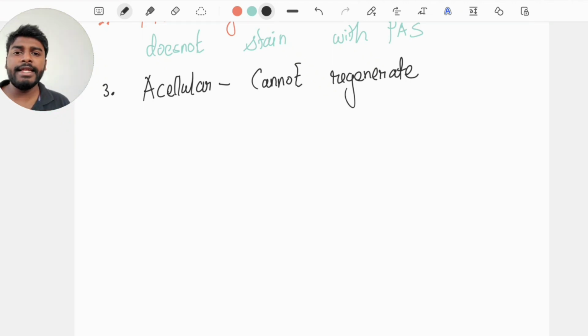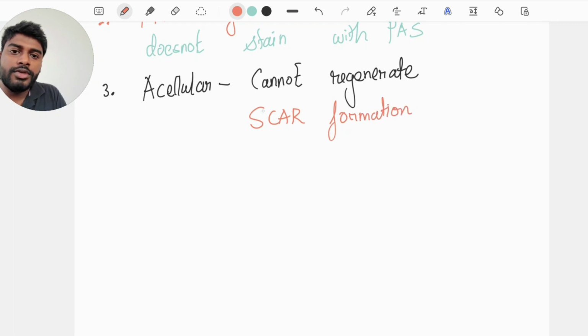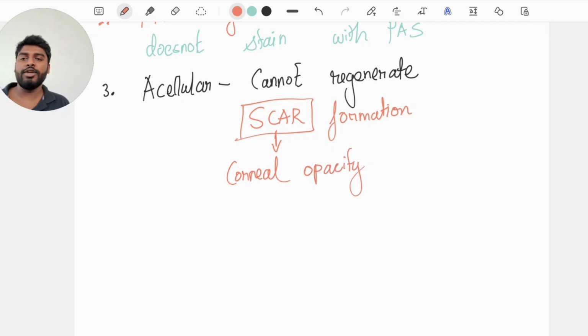So how will it get healed? It will heal by scar formation. The scar formation will lead to some corneal opacity. We already studied what opacity is: opacity does not allow light to pass through.